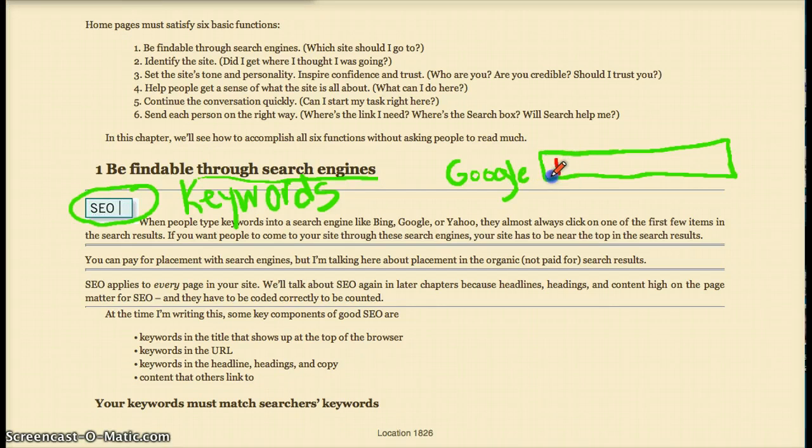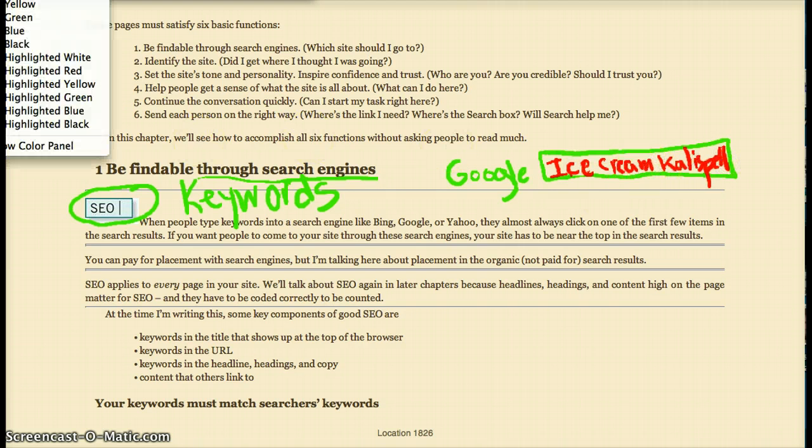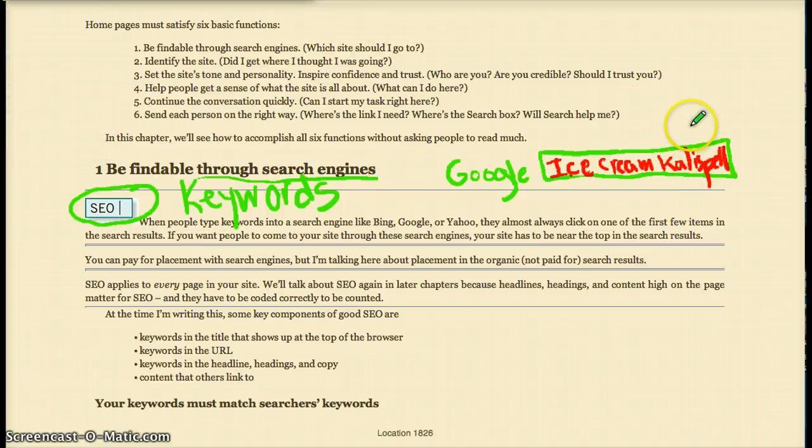Let's say they type in ice cream Kalispell. If they type in ice cream Kalispell, and you have an ice cream store in Kalispell, you want to end up being the very first link or set of links that pop up.